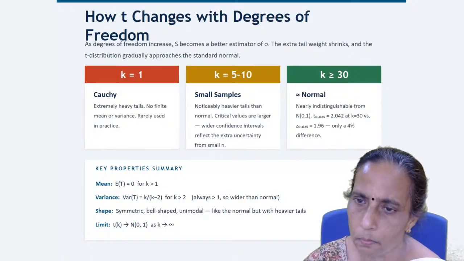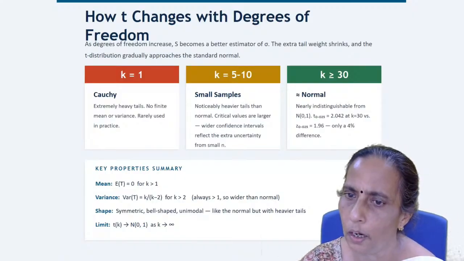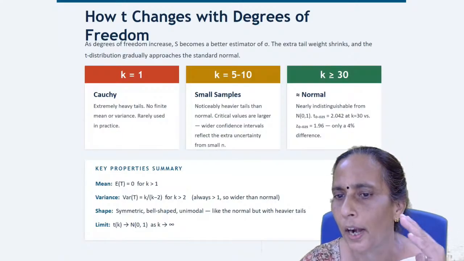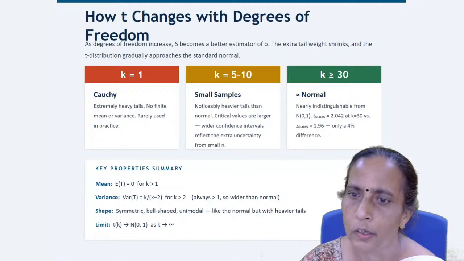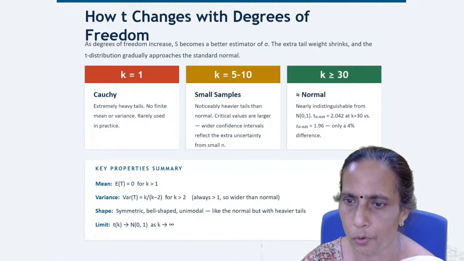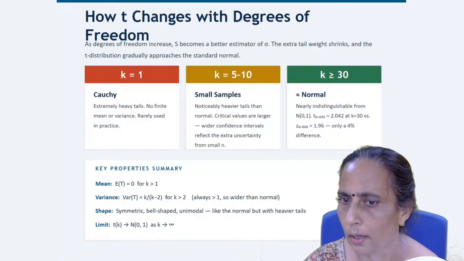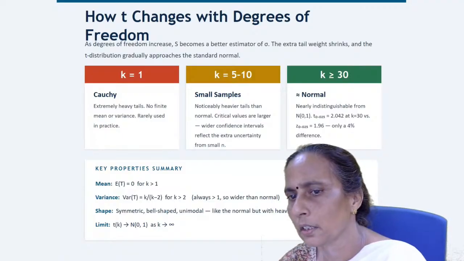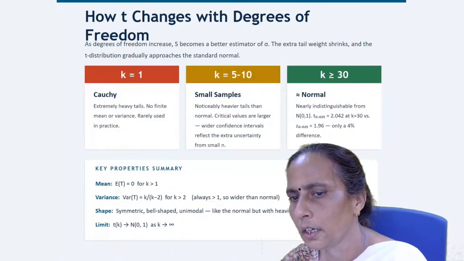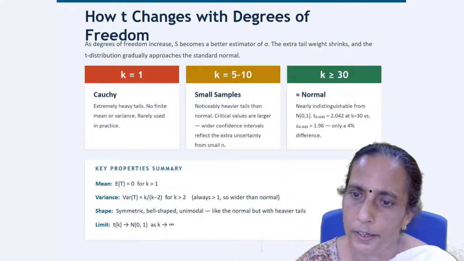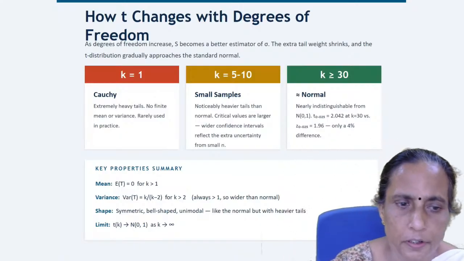And when k is more than 30, it is nearly indistinguishable from the standard normal variable; t is 2.042 at k equal to 30 versus 1.96 for the standard normal. So there is only about a 4% difference.